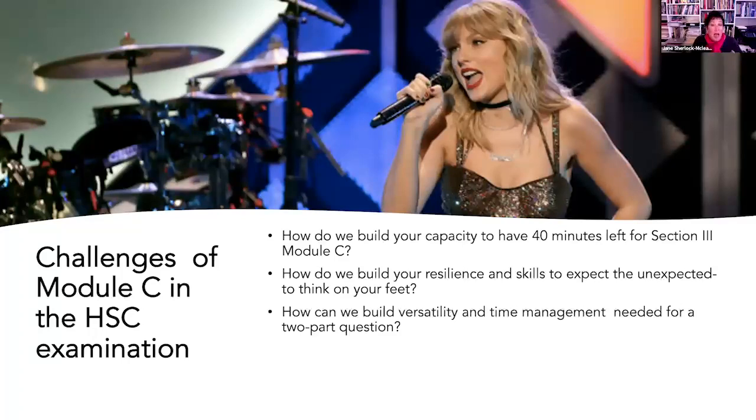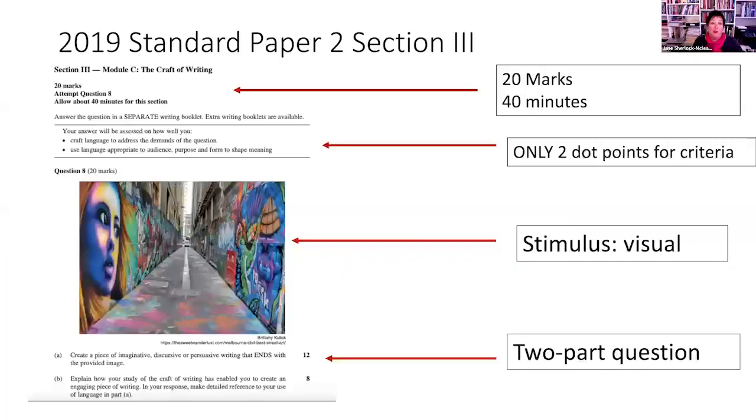And the other thing is, how can we build your capacity for time management, particularly if there's going to be a 2-part question? Now, if we look at this one from last year, again, we're told that you've got 40 minutes, that it's worth 20 marks. Notice it's only got 2 dot points for the criteria, which we'll look at in a moment. There was this visual stimulus, and look what you had to do with it.